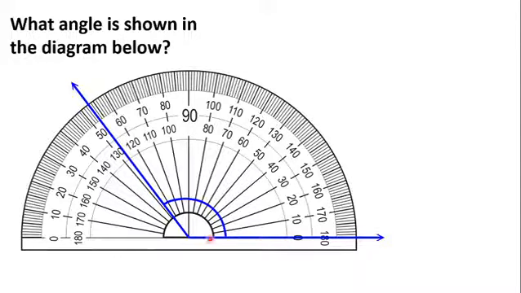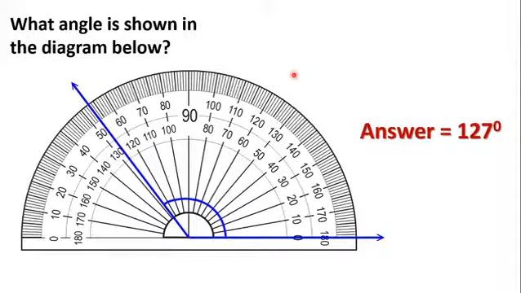And if you follow the inner scale, you realize that this has gone past 120. So you have 121, 122, 123, 124, 125, 126, and 127. So it means that the angle formed here is 127 degrees. Okay, so basically that's how you use your protractor to find angles.